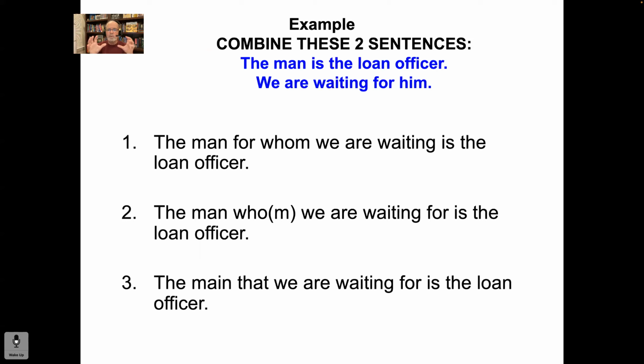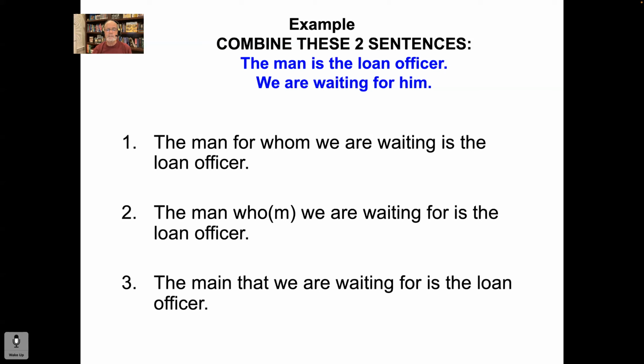What is more common is for us to have that preposition hanging out there somewhere, and that's called stranding. So the man, blah, blah, blah, we're waiting for. The for just seems to be out there all on its own, hanging there, a strand. It is not incorrect English. Now, in formal English, number one is considered really good. And in academic English, people might write like that, but in conversation, people don't do that.